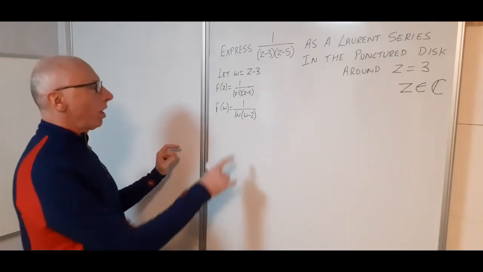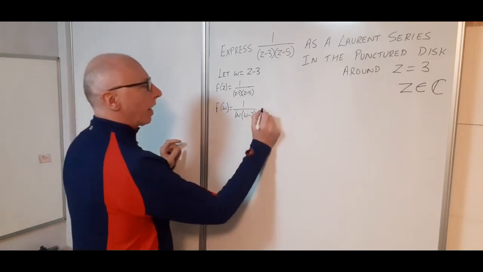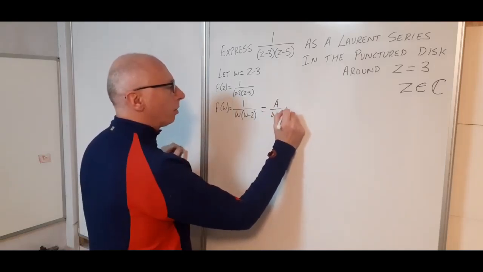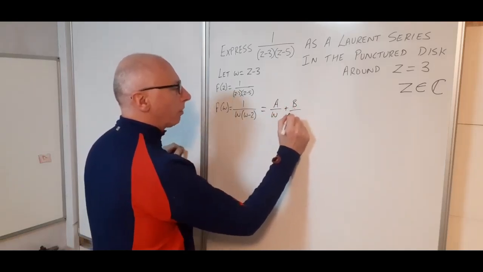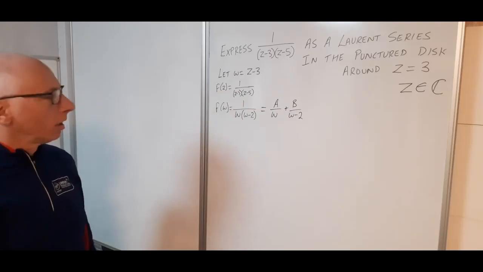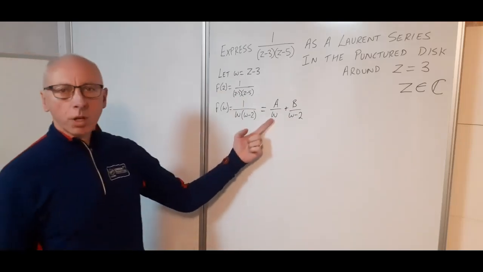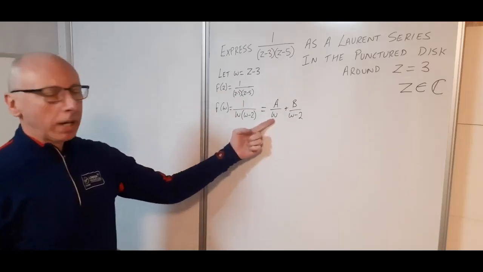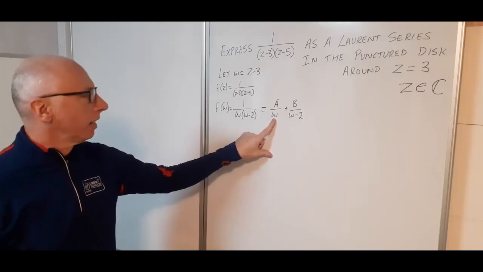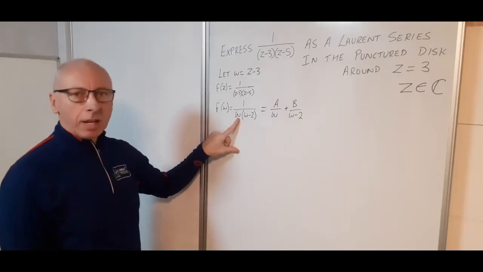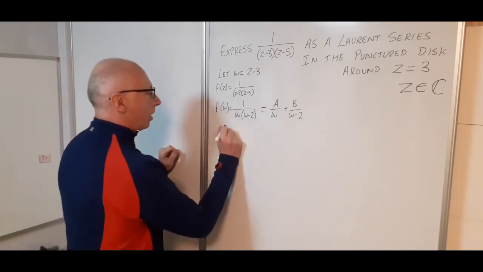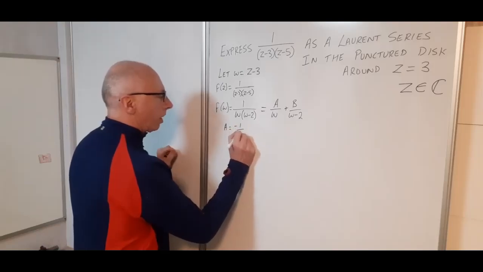So 1 over w(w minus 2) is going to be of the form a over w plus b over w minus 2. Now we can use the cover up method, and that will work really well here. If I plug in w equals 0, I can find the a. So if I cover up the w, plug in 0, I've got minus a half. So a equals minus 1/2.